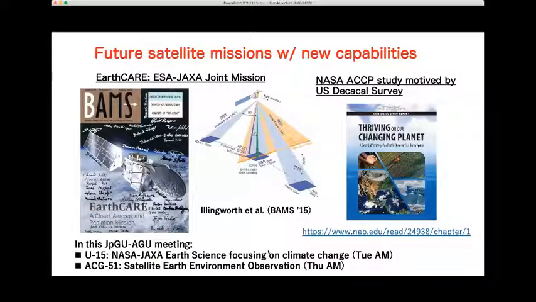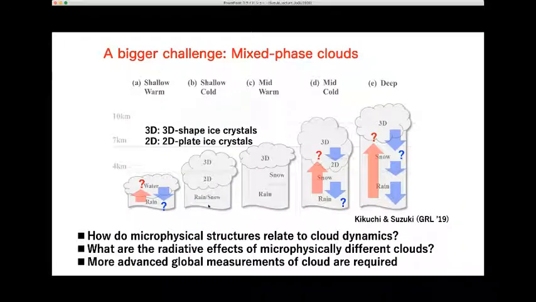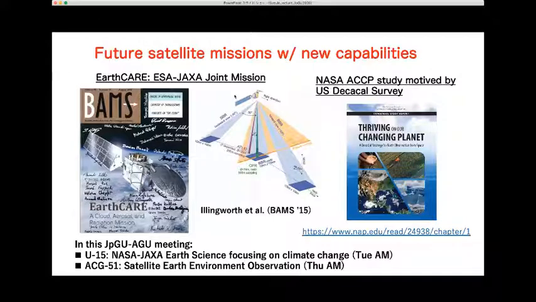So now we have a plan of upcoming new satellite measurements with enhanced capabilities that can address part of these remaining issues. For example, by measuring the updraft velocity in the cloud with the new EarthCARE satellite mission.